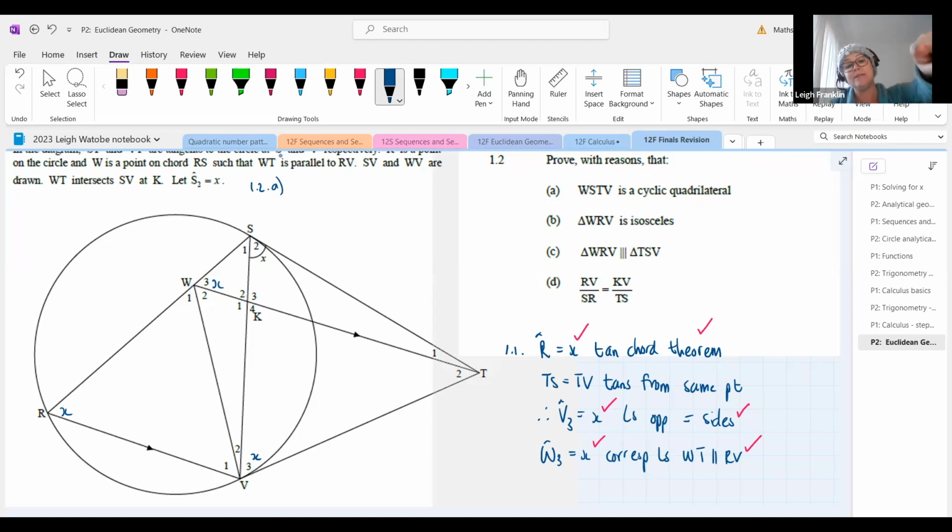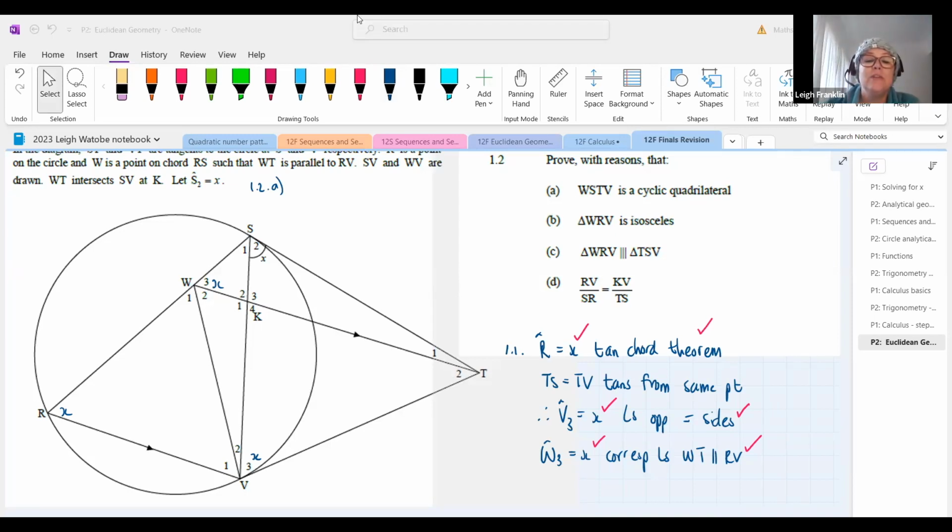Go back to S and to T, and now come to V3. Can you see that they're both equal to X? So fingers at S and T, W3, and V3. Can you see they're both equal to X? You see it now? Okay.